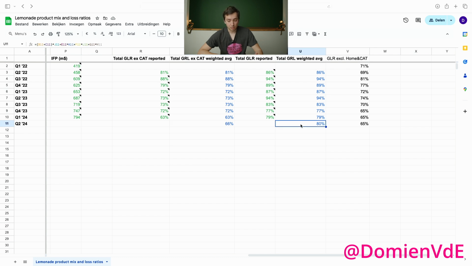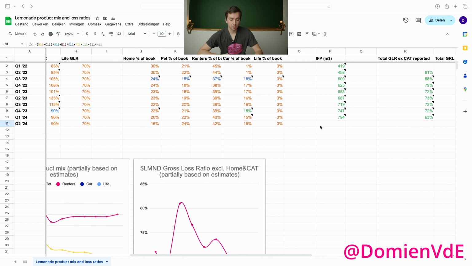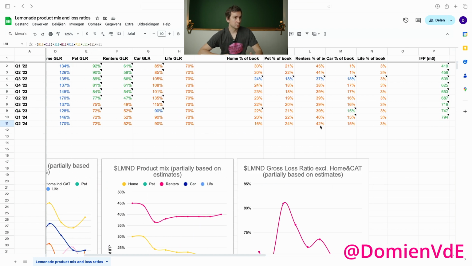Now, most people, even the Lemonade Bulls, are expecting a higher number for the loss ratio. So this might be good news, but I would hesitate to conclude that this would cause the stock price to rise drastically, because they are spending a lot on marketing and this will impact their bottom line.